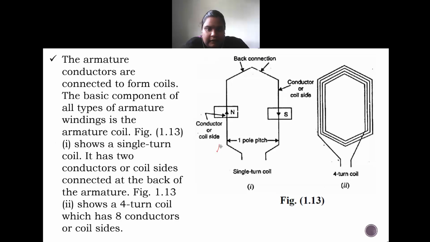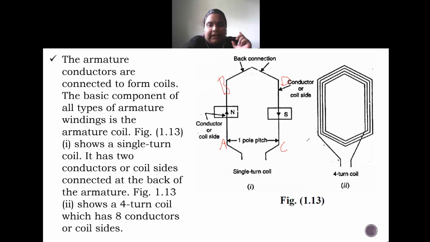AB and CD, right? So these are nothing but the coil sides A, B, C, D. How we are connecting them: in the front, this is AC, which is called the front of the coil.